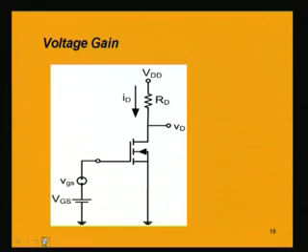Now, when we are using the Mosfet amplifier to amplify a small signal, then obviously we must know the voltage gain. Voltage gain means the ratio between the output voltage and input voltage.